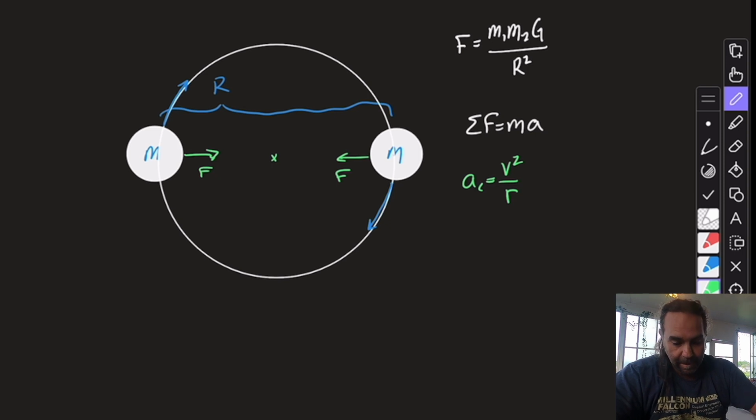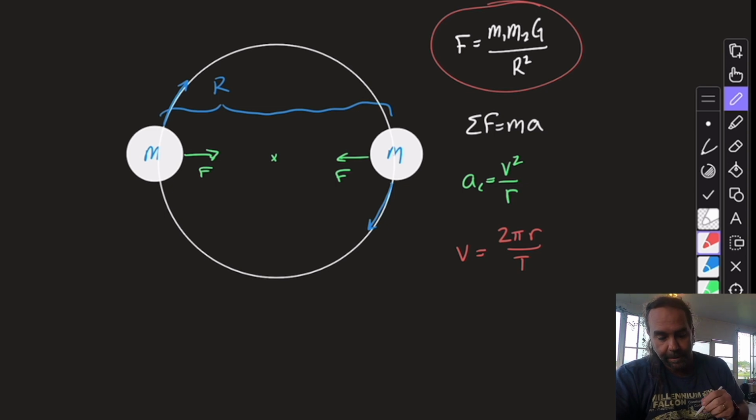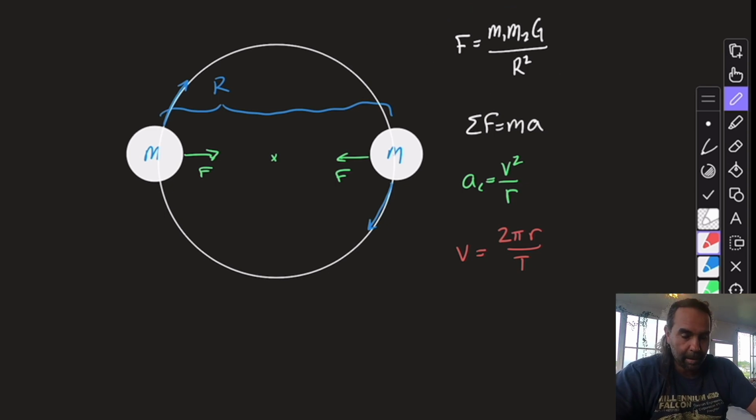And in addition to that, since we know they're traveling at a constant velocity, we are able to figure out how long it's going to take for them to go around once, because we have access to distance over time. These are the only things we're dealing with. The only one that's new in this unit is this one. But yes, we are combining them together.